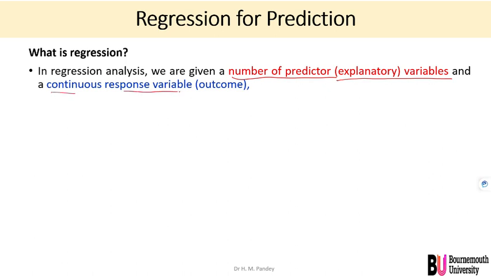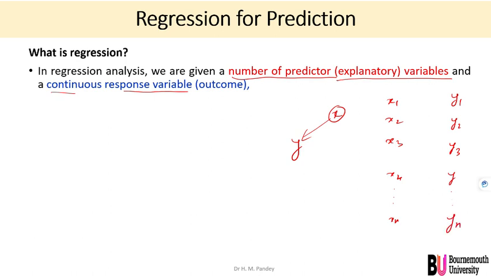In the regression technique, we are given a number of predictor or explanatory variables and a continuous response variable. So you have something like x as the given data and y as its response, and your aim is to predict the response. If you have been given x1, x2, x3, x4, xn, these are the input data, the predictors, and you have a response for each, for example y1, y2, y3, y4, and yn.